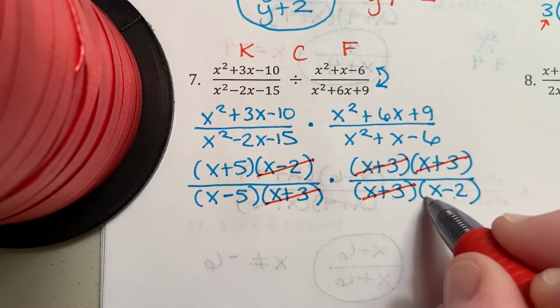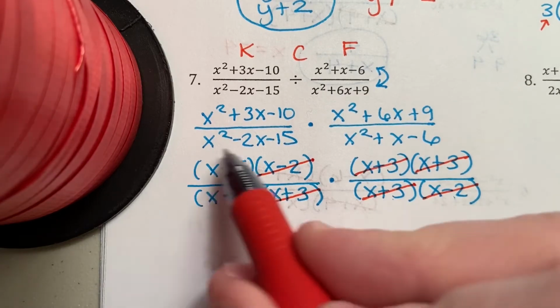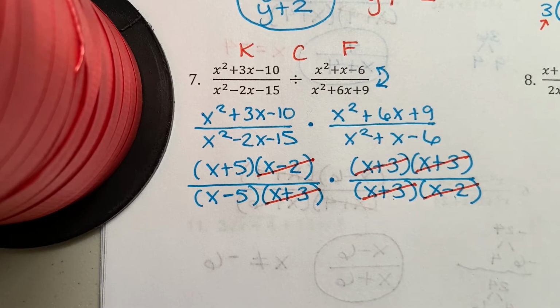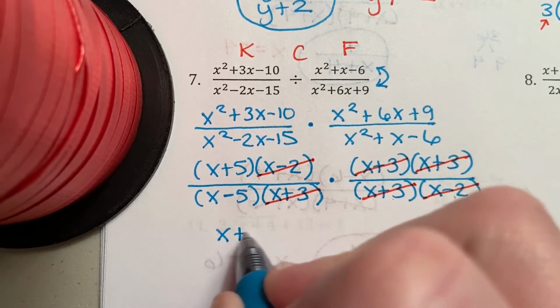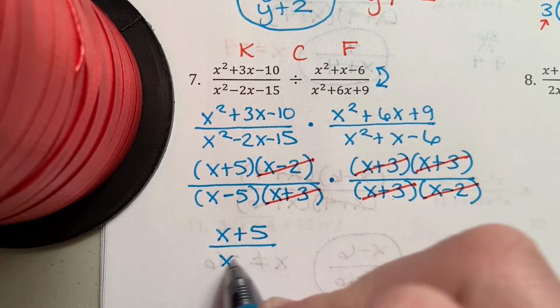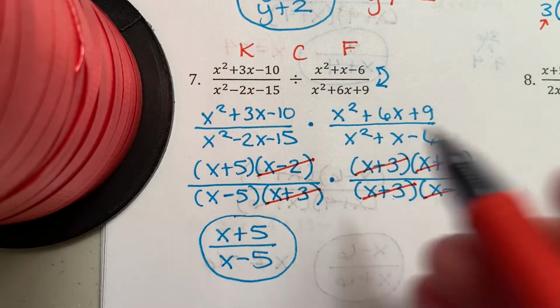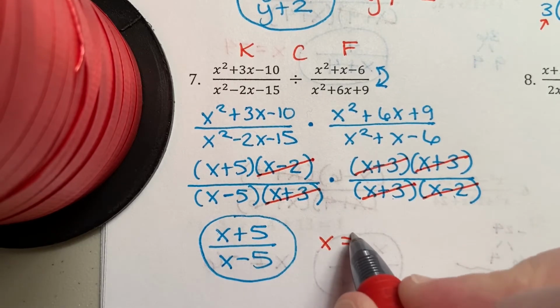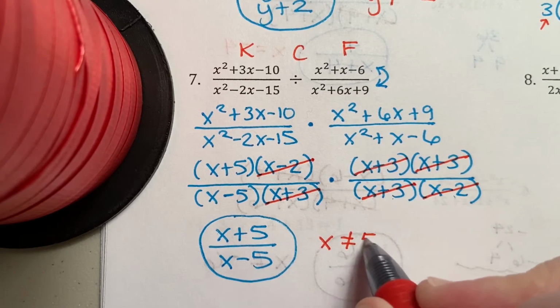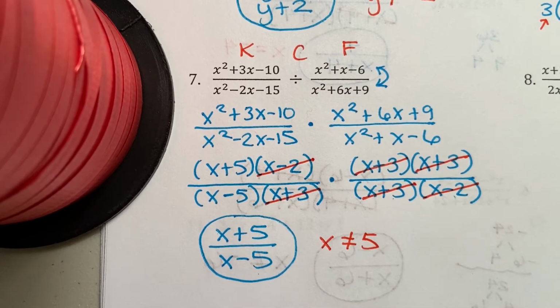X minus 2 cancels out. And these don't cancel because one's positive and one's negative. So my answer is x plus 5 over x minus 5. My extraneous solution would be positive 5 because that's what would make that denominator 0.